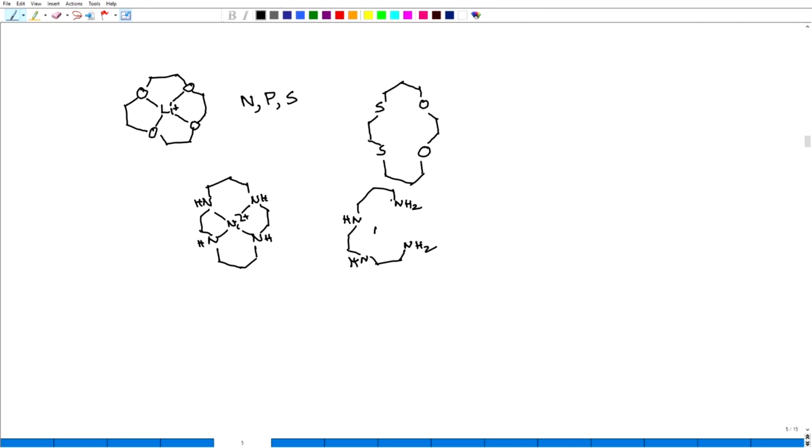So, an open chain compound also makes a pretty good nickel 2 plus complex. But compared to the open chain, this macrocyclic compound, when it complexes with nickel 2 plus, has extra stability compared to the identical one. This is not identical yet, I will draw this, then it will become identical.